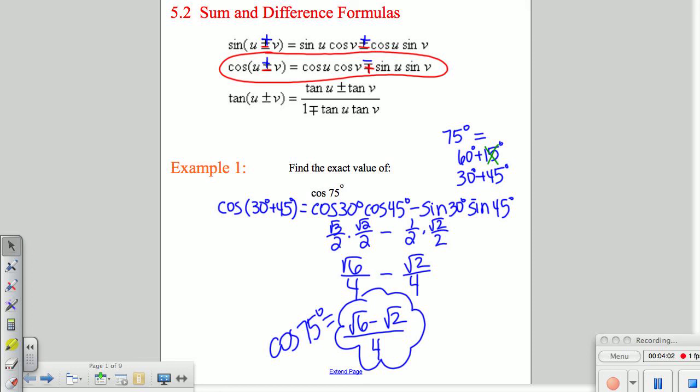So I was able to find the cosine of 75 degrees using only my unit circle. And to do that, I had to break this up into a sum of 2 different angles. Notice that the cosine of 30 plus 45 does not equal the cosine of 30 plus the cosine of 45. Let's just see what that would be. The cosine of 30 degrees is root 3 over 2.